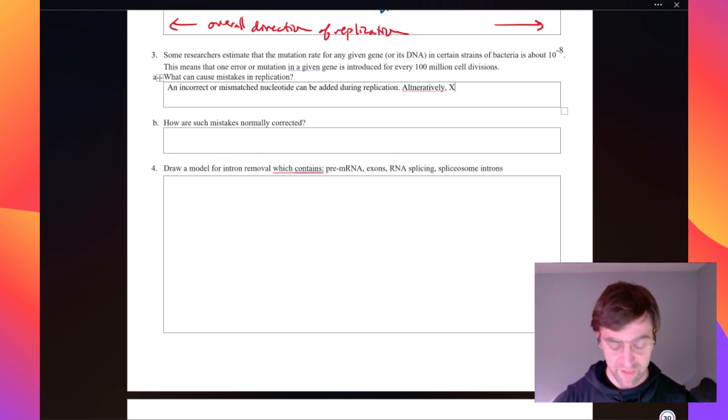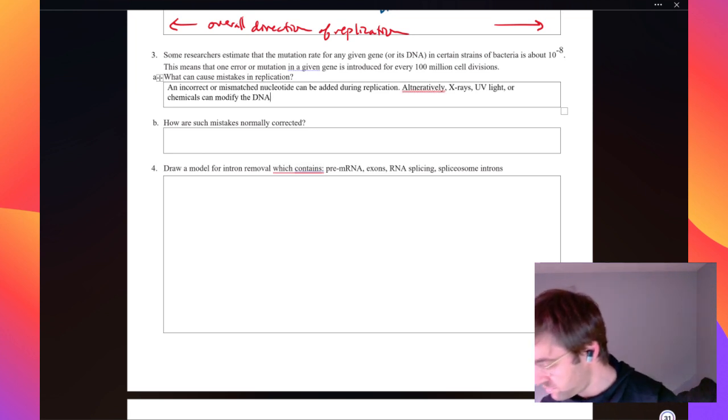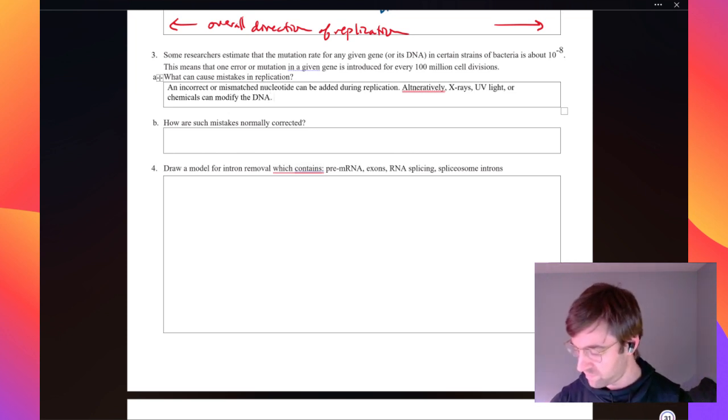You could have X-rays, UV light, or certain chemicals can modify the DNA so that errors are perpetuated into subsequent replication events. Yeah, I think that about covers it.